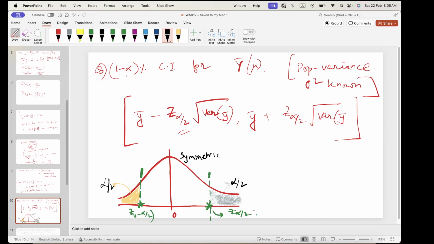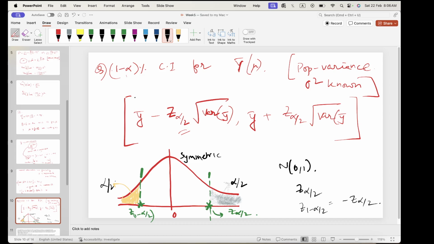And since this is a symmetric distribution for normal 0-1, I would have Z alpha by 2, and Z 1 minus alpha by 2 would actually be minus Z alpha by 2, because it is symmetric with respect to 0. This only works for a normal distribution, or I would say that the lower alpha point is equal to minus the upper alpha point only if the distribution is symmetric.